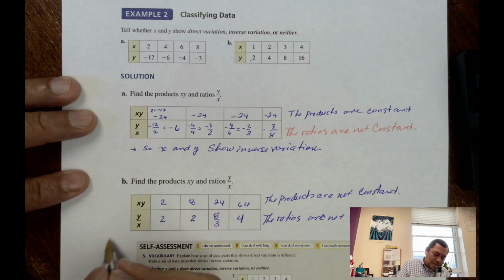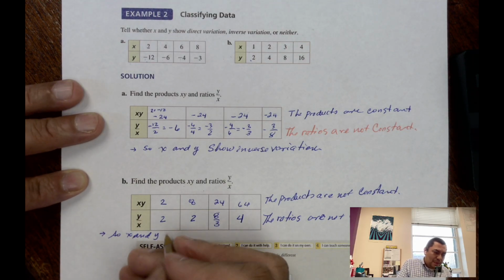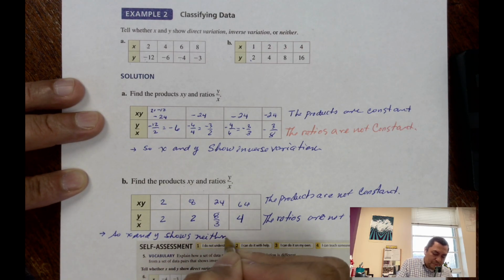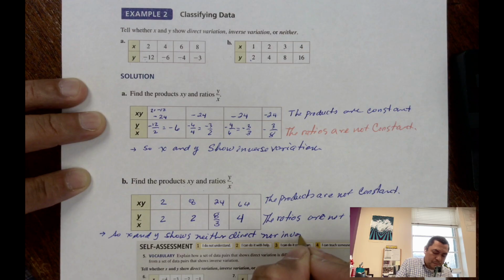So in this case, I'm going to put it here: x and y show neither direct nor inverse variation.